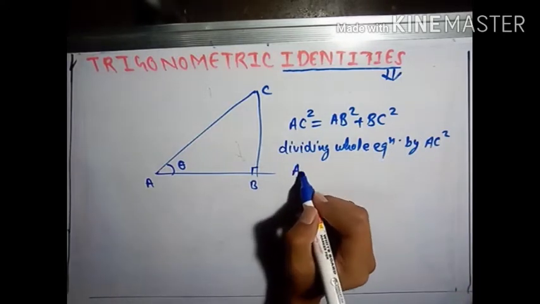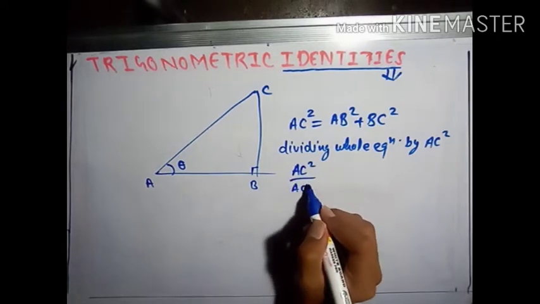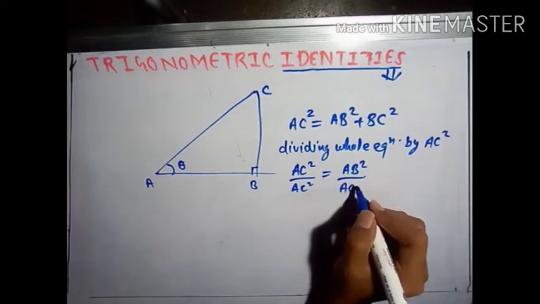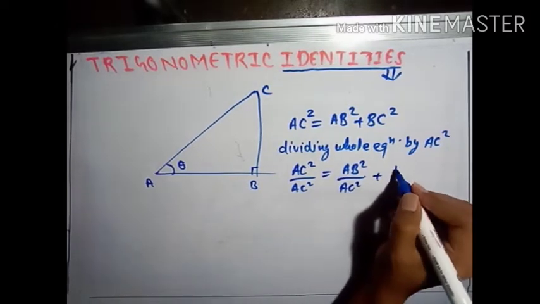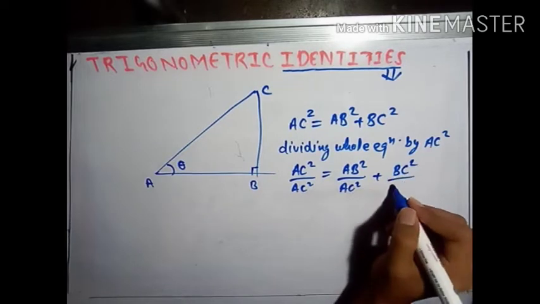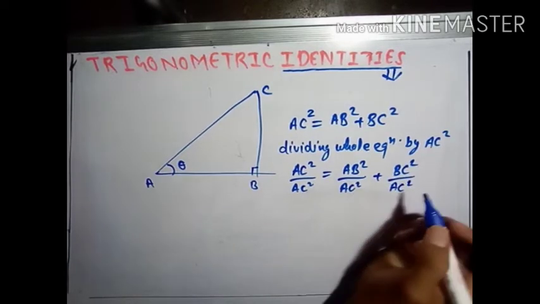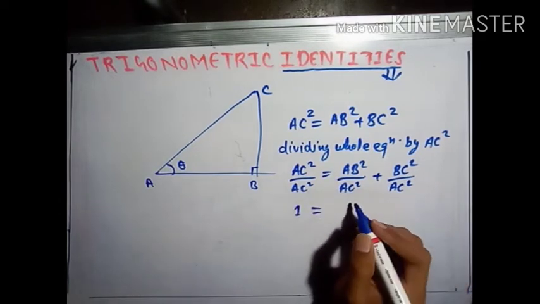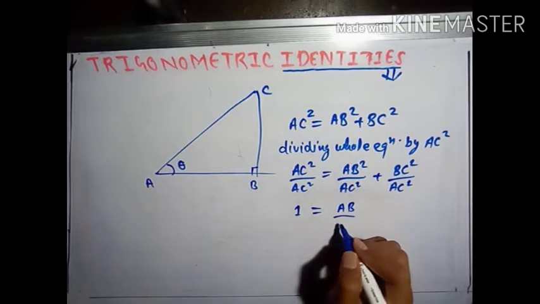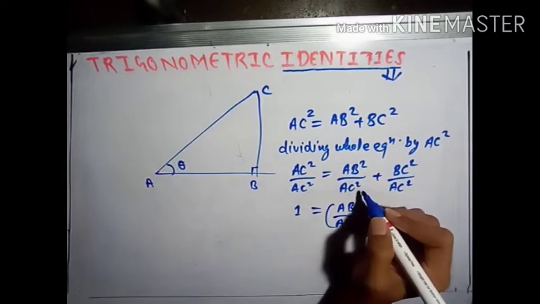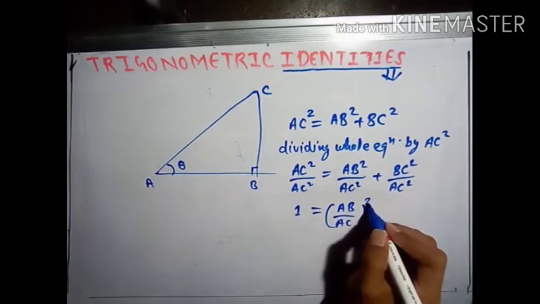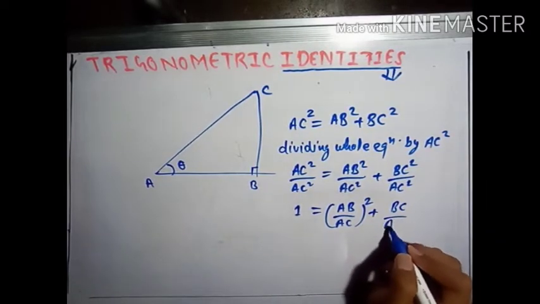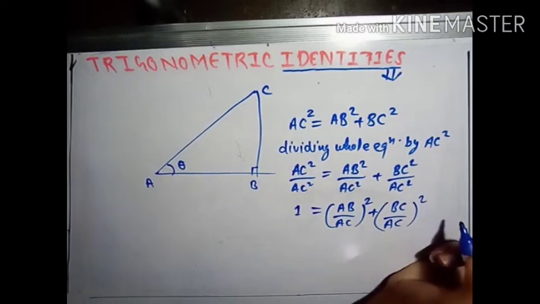So see it, AC square upon AC square equals AB square upon AC square plus BC square upon AC square. Now you can simply cancel. This equals 1 is equal to AB upon AC, and both are in squared form, so I can take the square once, and then BC upon AC, again whole square.